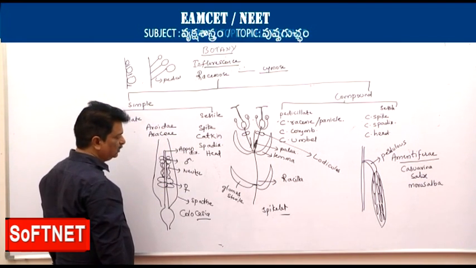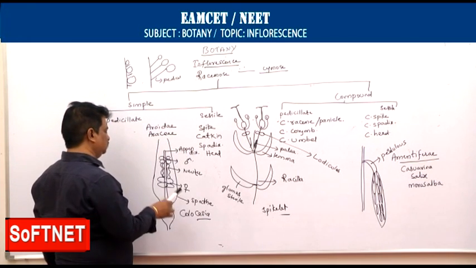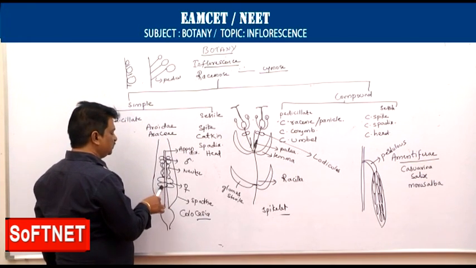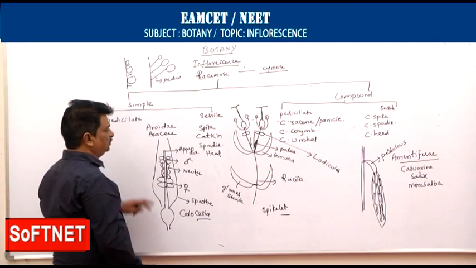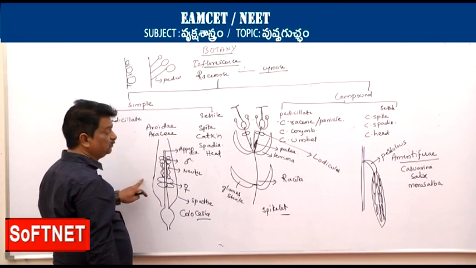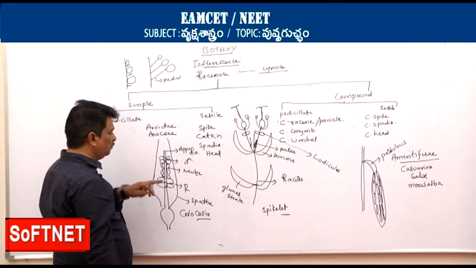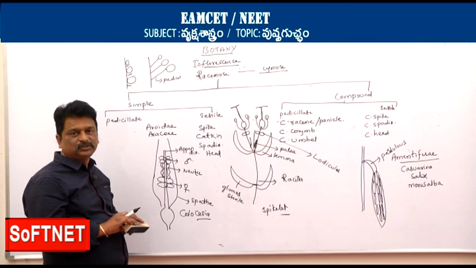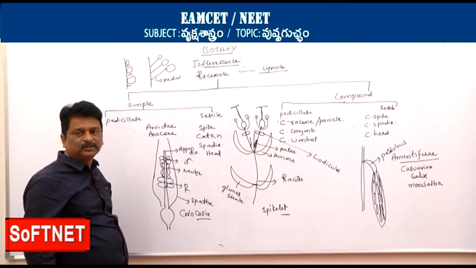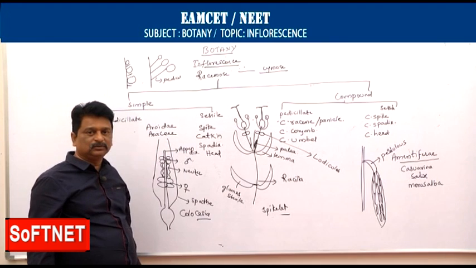So, rightly called trimorphic condition. Then these flowers are sessile and unisexual. This is simple spadix. Compound spadix: in compound spadix, peduncle is branched.